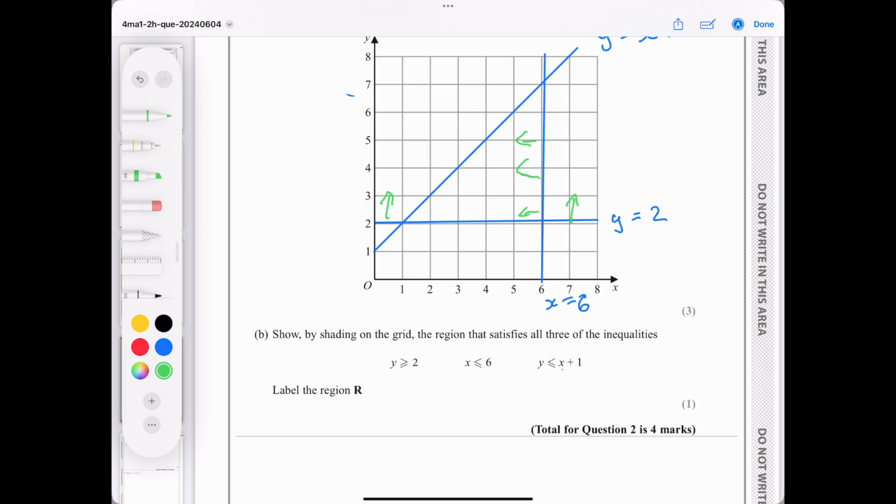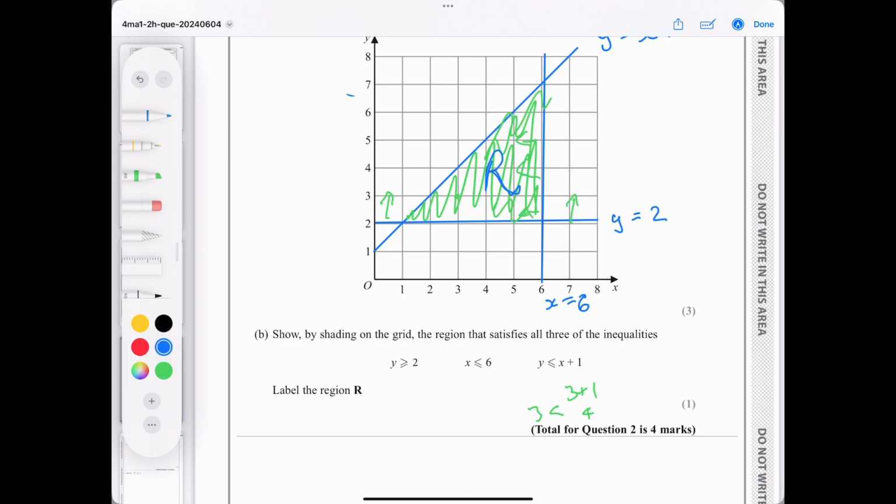And this is the only one I'm not terribly sure of. y is less than x plus 1, so we can check. If we put a point there, 3 plus 1 is 4, and that is less than 3... so if we shade this bit in here, that fulfills all of that, and then we call it R.